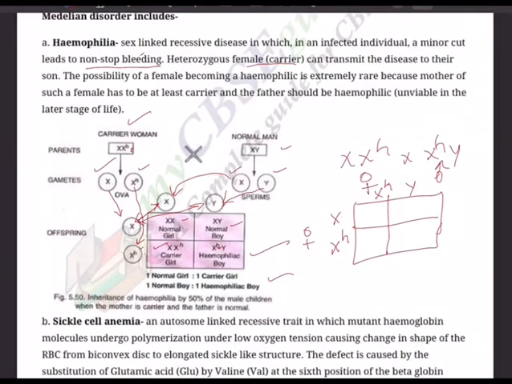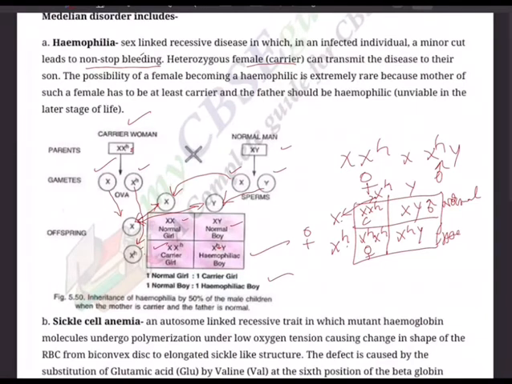Now the combination of this X and XH, what is it? Female carrier, she is only a carrier, and XY, lucky boy, no problem, normal boy, healthy boy. And what about this XH, XH? Here comes the very rare occurrence of a female becoming hemophilic, the girl becomes hemophilic, and of course XH and Y, the boy becomes hemophilic.